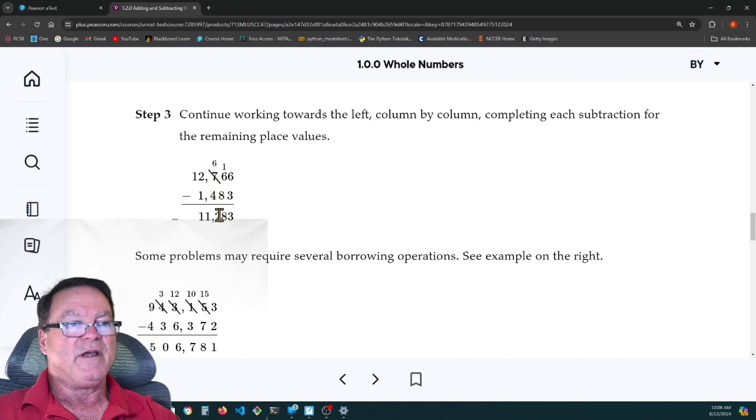And here in the thousands column, 2 minus 1 equals 1. And in the 10,000s column, believe it or not, there's no number in the bottom. There's no digit in the 10,000 space, so it's a 0. There's nothing there, so 1 minus 0 equals 1. So 12,766 minus 1,483 equals 11,283.